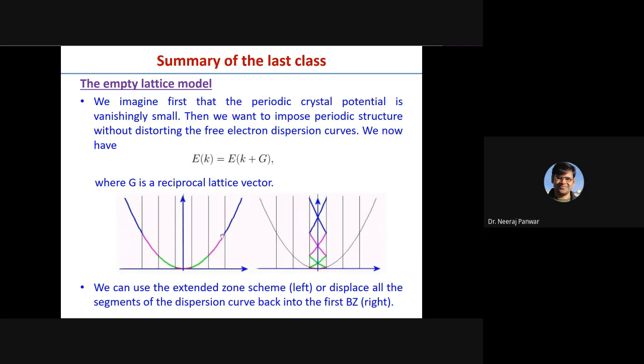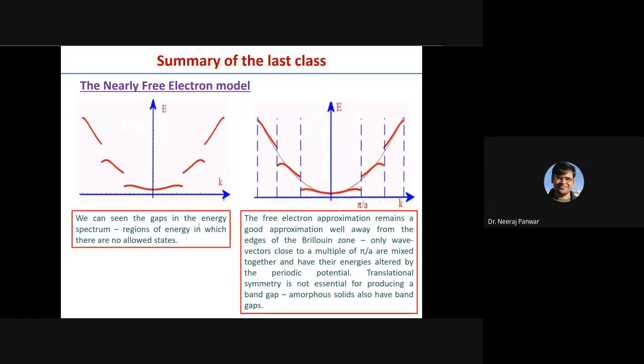So this is the E-k diagram of a free electron in the extended zone scheme and in the reduced zone scheme. Then we considered the nearly free electron model, in which we considered that the kinetic energy of the moving electron is greater than its potential energy, and this potential energy arises due to the interaction of the electron with the positive ion core.